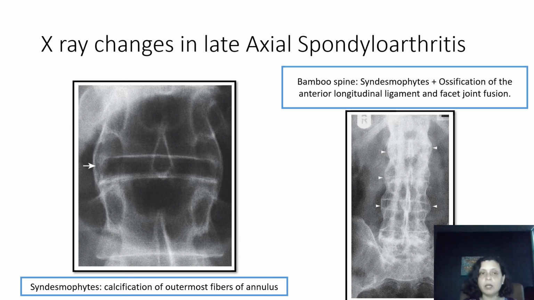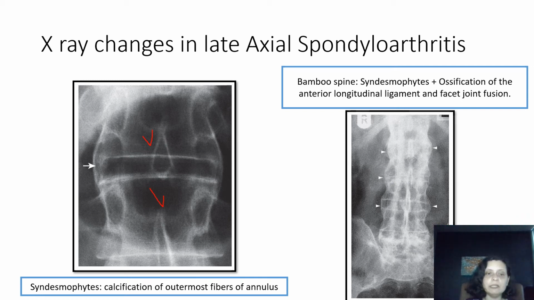Now, in later stages of axial spondyloarthritis, you would start getting even the spine involved. So initially it's only the SI joints involved, and now the spine is also involved, right? So over here you see something known as syndesmophytes. This is the AP view. On this X-ray, this is a vertebra right here, and this is a vertebra right here, okay?